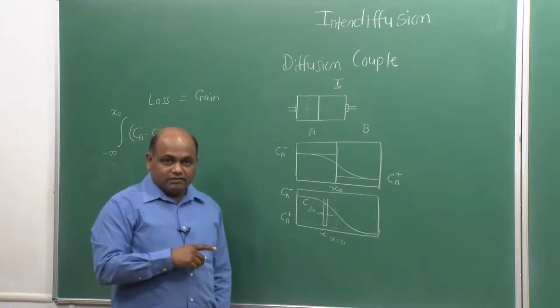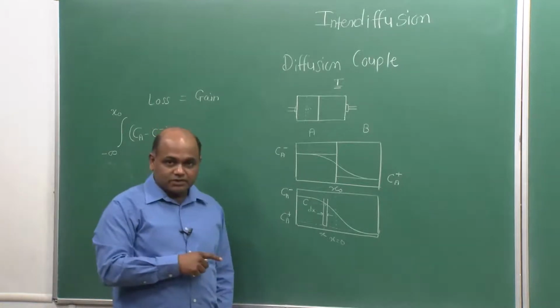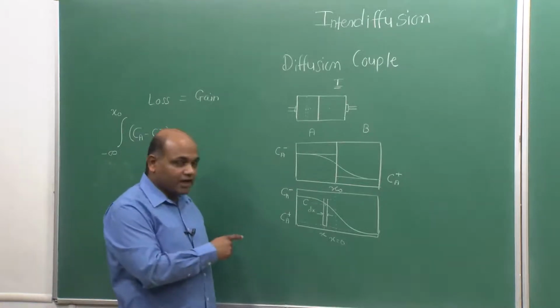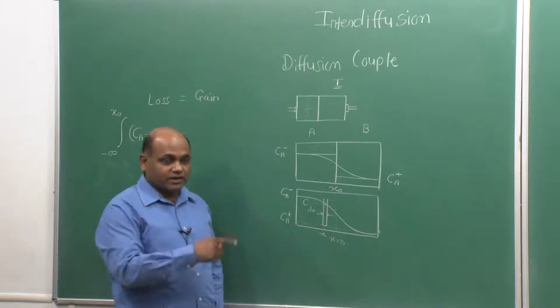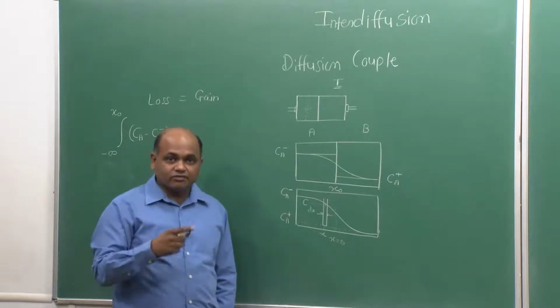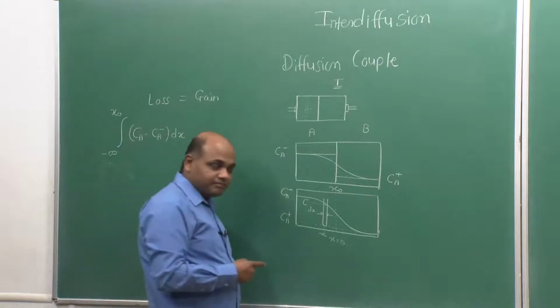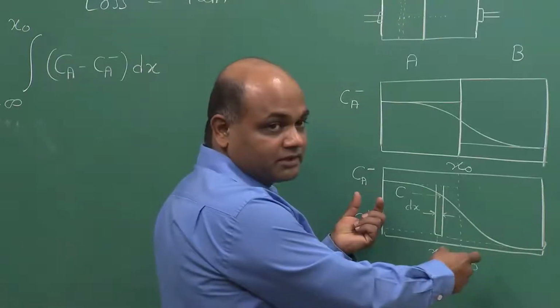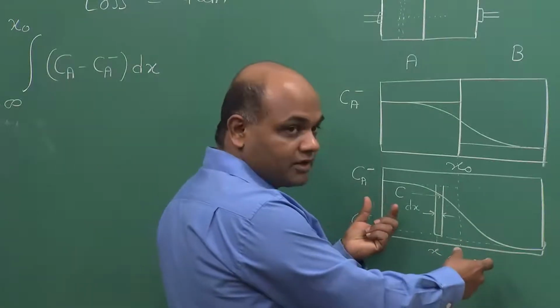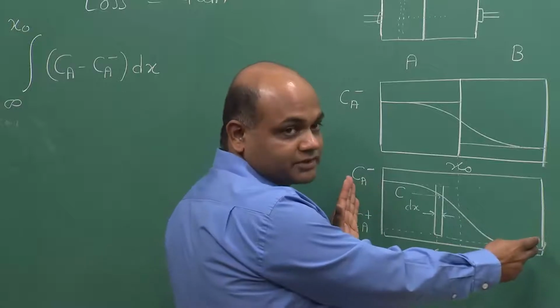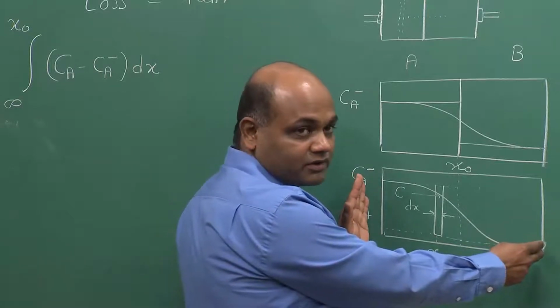Remember, when we talk about diffusion couple, most of the time we are dealing with the infinite diffusion couple. For interdiffusion analysis, in fact, we want infinite boundary conditions to be obeyed, which means none of the diffusant will penetrate all the way through the two terminals of the two alloy blocks.